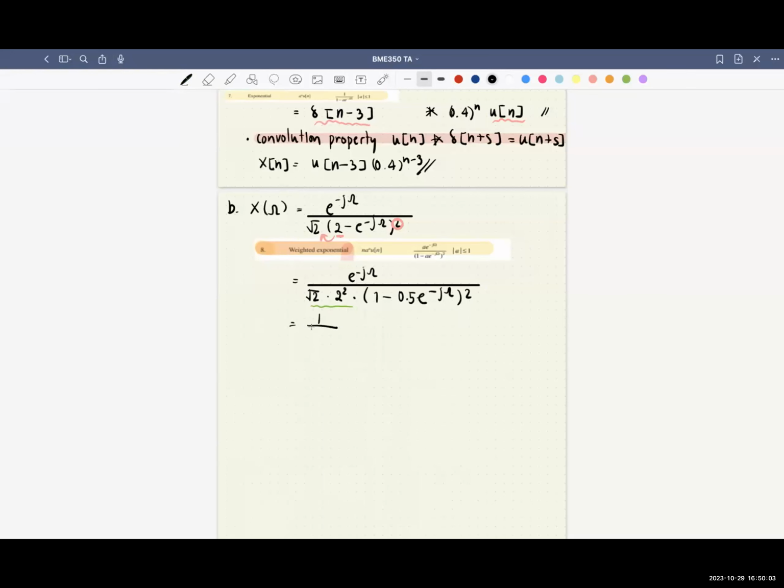So I'll have 1 over 2 over 5 over 2. A little bit confusing, but that's what we got. And this side, we'll have e to the power of negative j omega times 1 over 1 minus 0.5 e to the power of negative j omega, all squared.